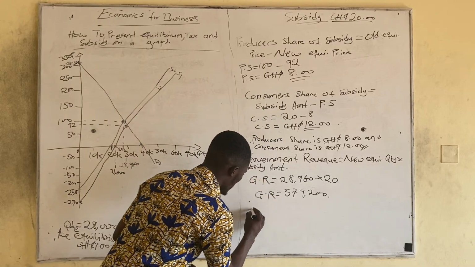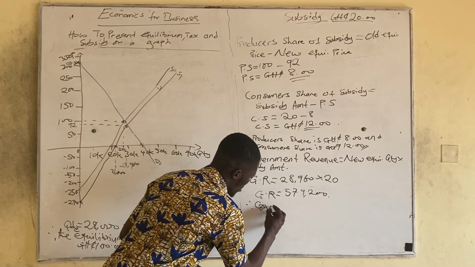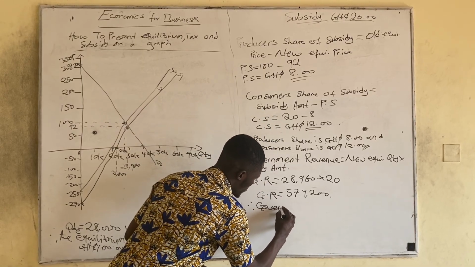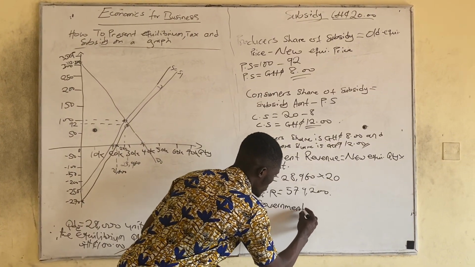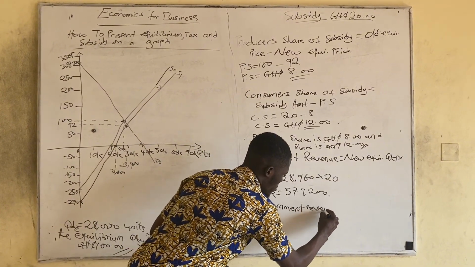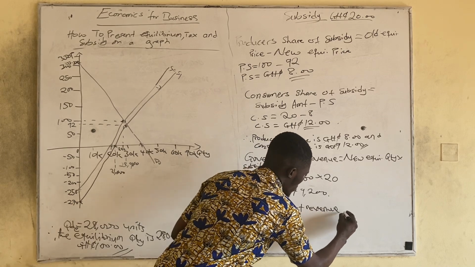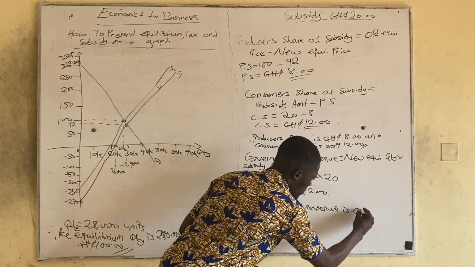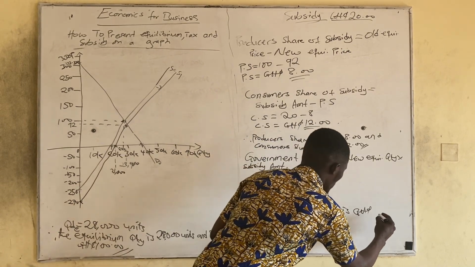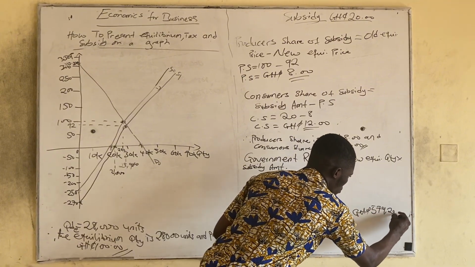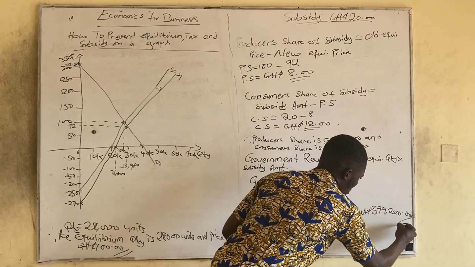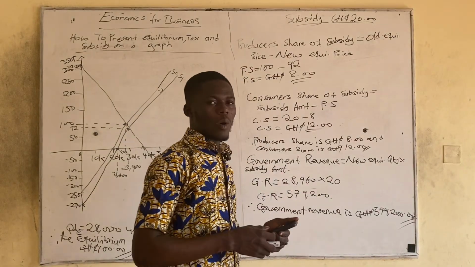So you conclude therefore government revenue is 579,200 Ghana cedis. So you are done.